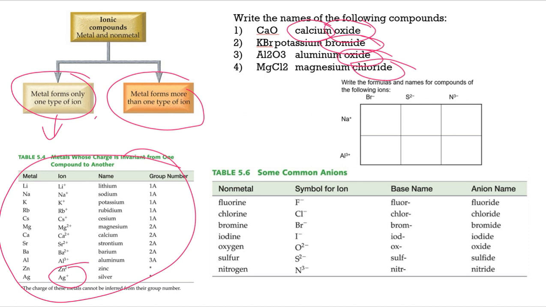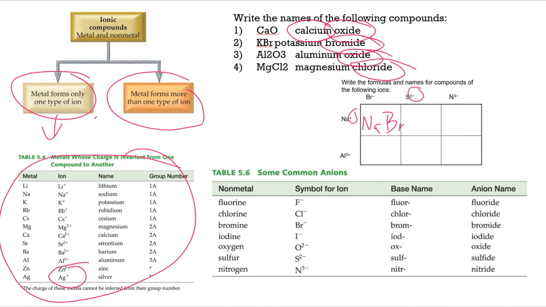If you join sodium with bromide, you say sodium first because it's the metal, and then bromide second because it's a non-metal. Sodium is +1, but sulfur is -2.